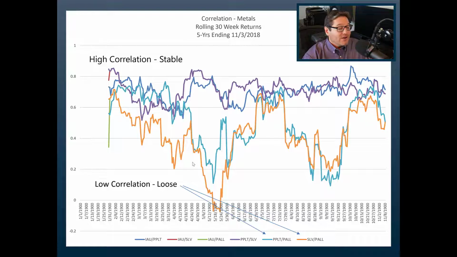Okay? So here is that metals basket that I was telling you about. This is a rolling 30-week correlation of returns going back 5 years, ending November 3rd of 2018. It has a basket of gold and platinum and silver and palladium.